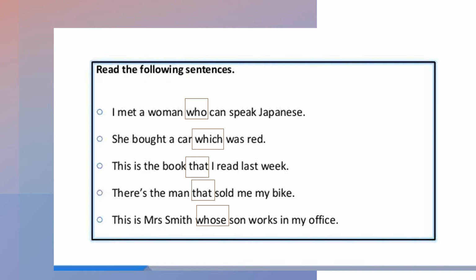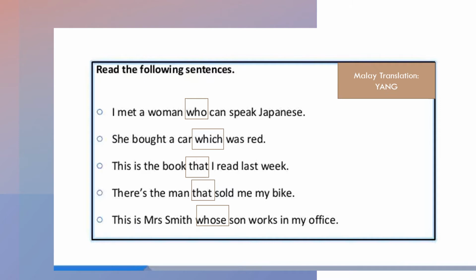What is the similarity when you translate all these words to your first language? You get a similar answer, which is yang. For example, I met a woman who can speak Japanese: Saya bertemu dengan perempuan yang boleh bercakap bahasa Jepun.